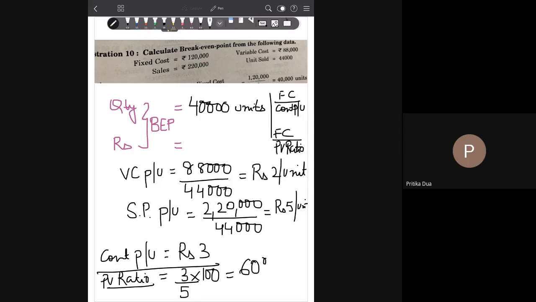Also, you can simply multiply 40,000 units with the selling price, and you can directly get the break-even point as 2 lakh rupees in value terms. So you can take up either of the ways, either this or fixed cost upon PV ratio, and you'll get the break-even point as rupees 2 lakh in value terms.